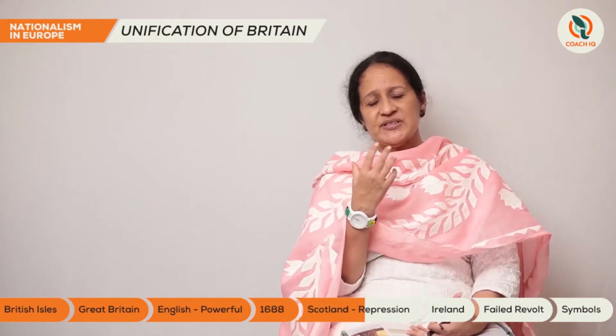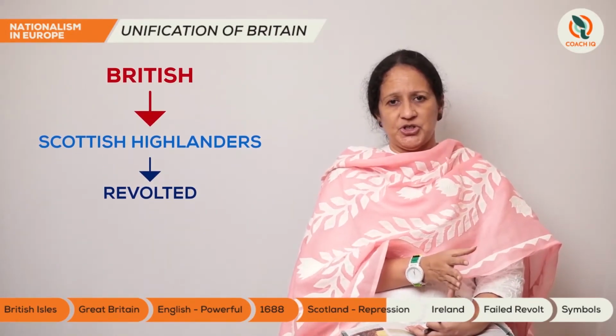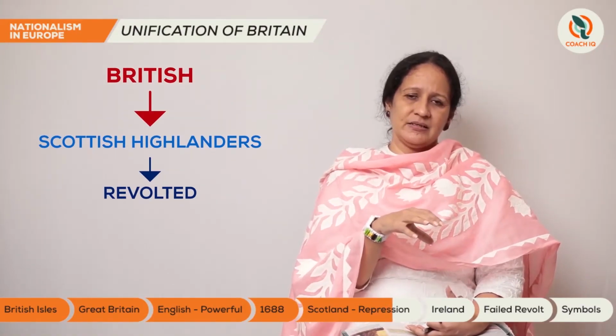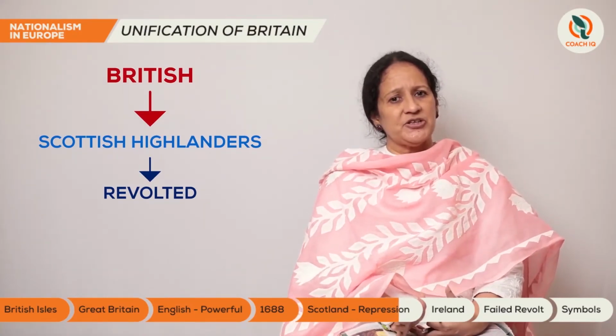Now when you suffer suppression, you are going to revolt in some way. You are not going to sit quiet. So whenever the Scottish Highlanders revolted, they were suppressed by the British. And most of the Scottish people were Catholics. Whenever they revolted, they suffered terrible suppression at the hands of the British.